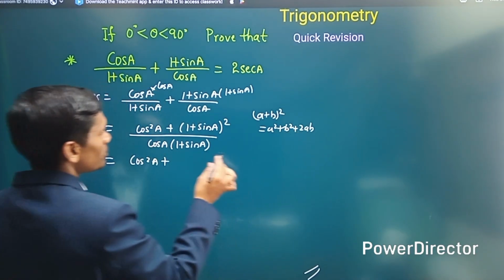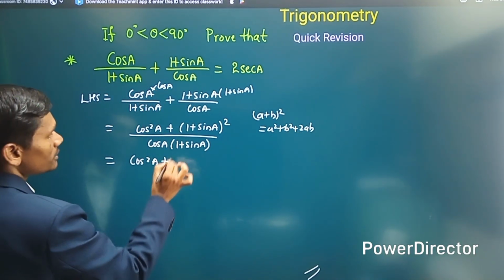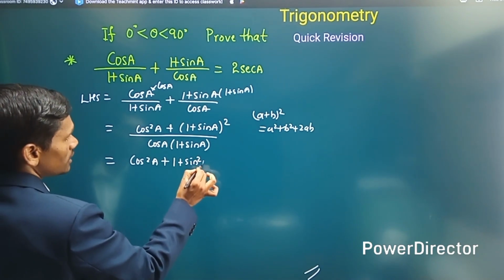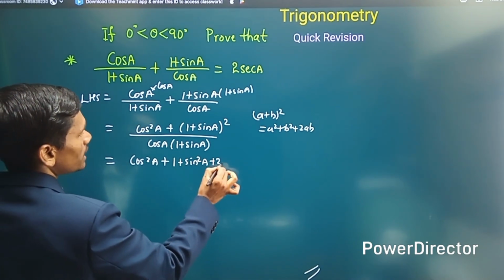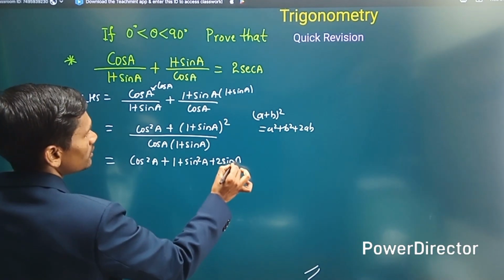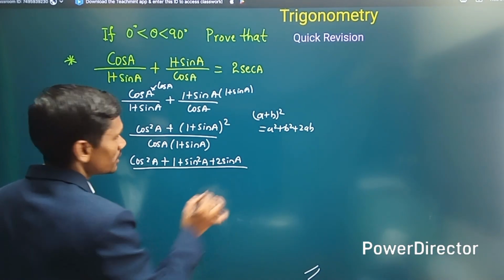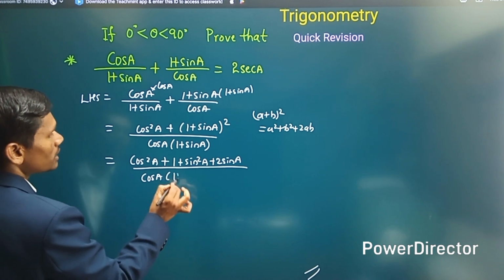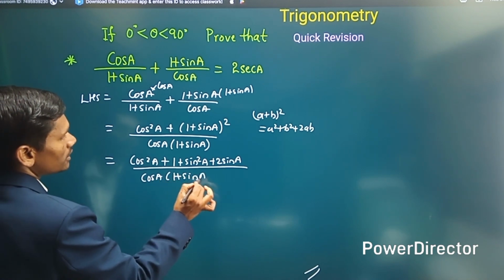In that form you need to split. So this becomes 1 plus sin square A plus 2 sin A, divided by, you write this as it is, cos A into 1 plus sin A.